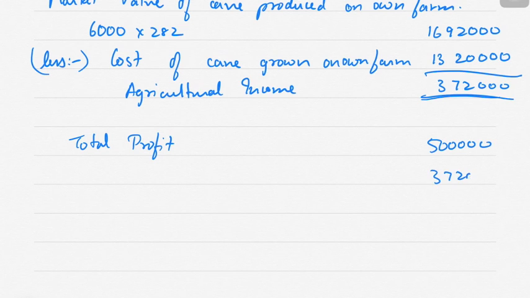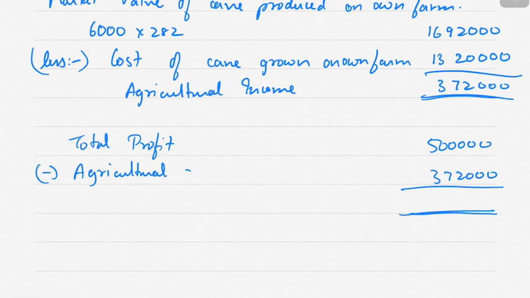Out of 5 lakh, 3,72,000 is agricultural income. So what you get is your non-agricultural income: 1,28,000.